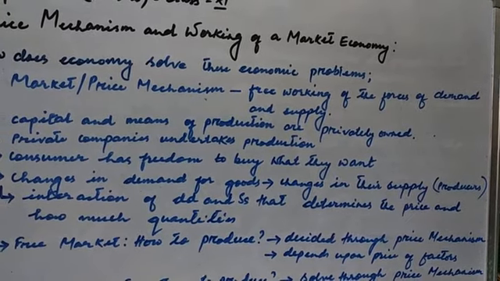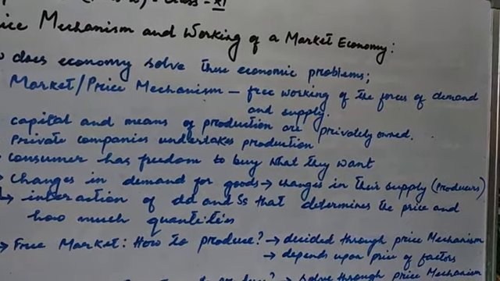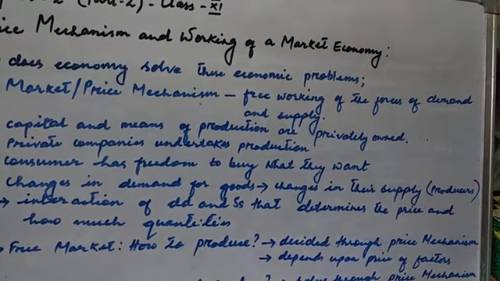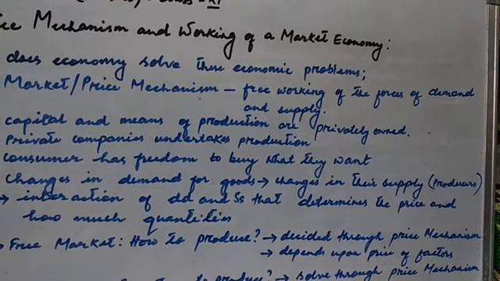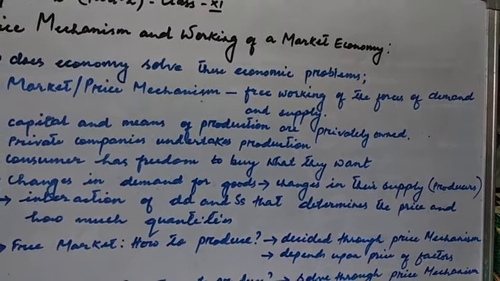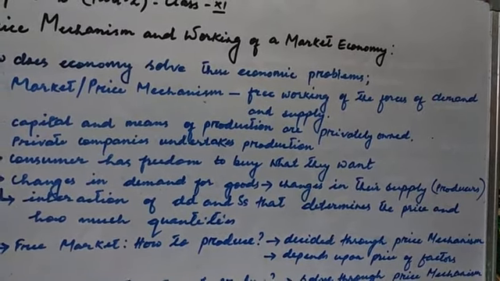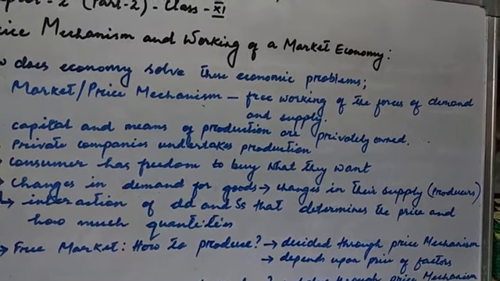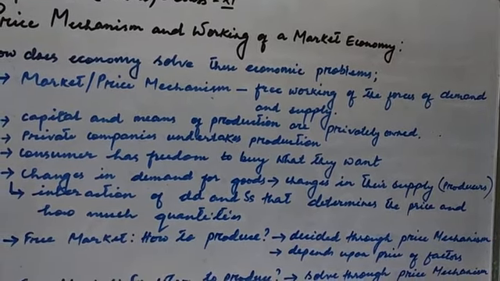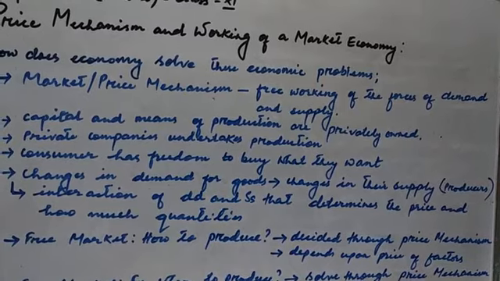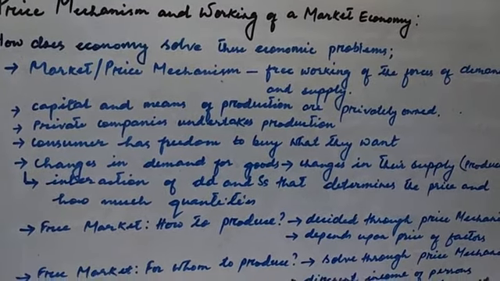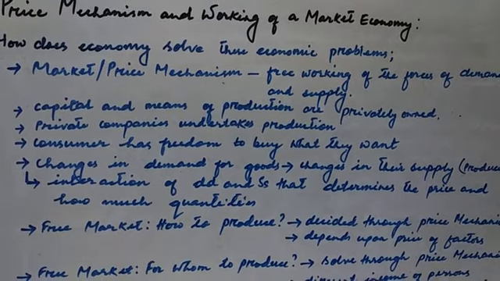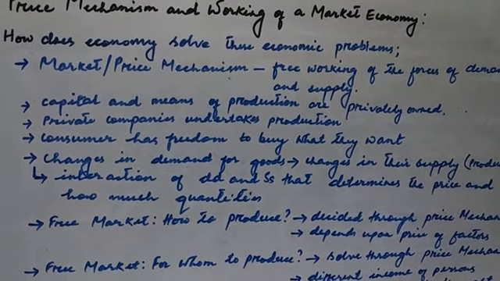Since the demand for scooters has declined, the resources allocated to the production of scooters will also decline, and they will be used for the production of small cars, because people have preferred them instead of scooters.